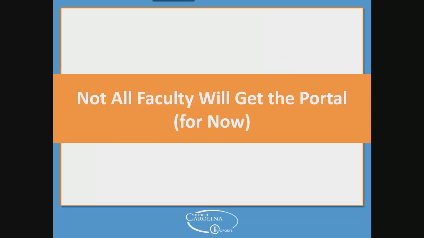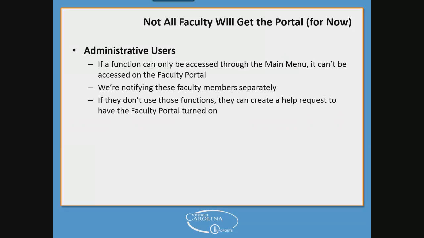So let's talk a minute about how not all faculty are going to get the portal, but that's just for now. So administrative users. There are some options in Connect Carolina that can only be accessed through the main menu at the top of the screen. And if that's the only place that a function can be accessed, then they won't have that functionality in the faculty portal. And so what we're doing is we're notifying those faculty members separately.